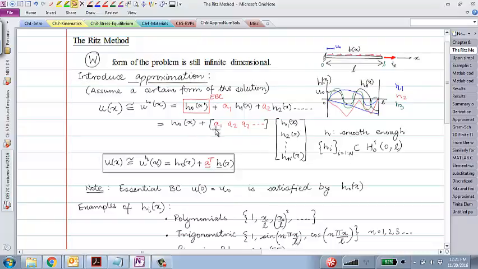So all I've done is all these unknown coefficients I'm representing with this a transpose vector, and all of these h functions I'm representing with this vector function. So this is an approximation for the real displacement.